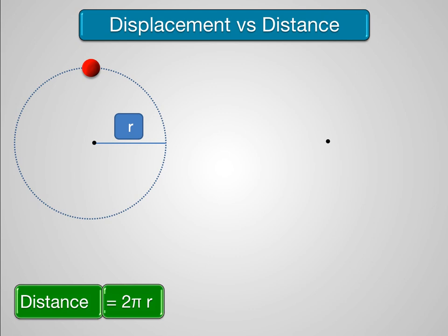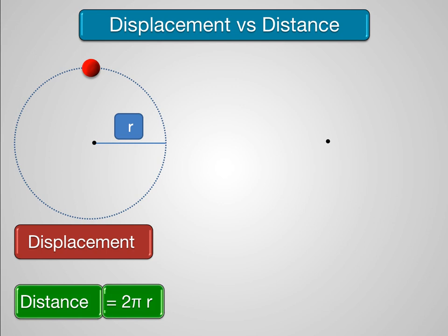And the total displacement, again, how do you find the displacement? Mark the first point, mark the last point, draw a straight line. Here the first point and the last point are exactly the same, means the displacement is 0. So when you complete running in a circle, your final displacement is 0.